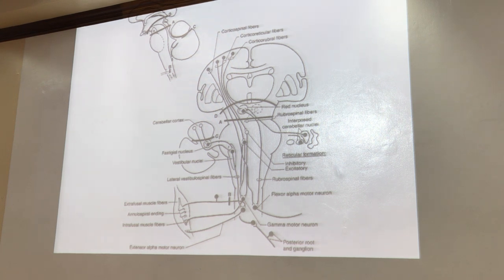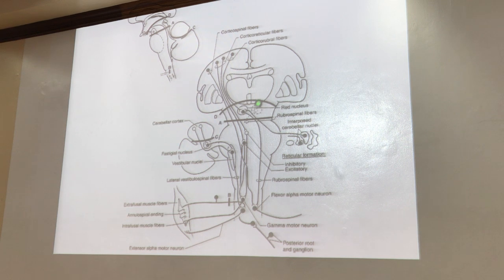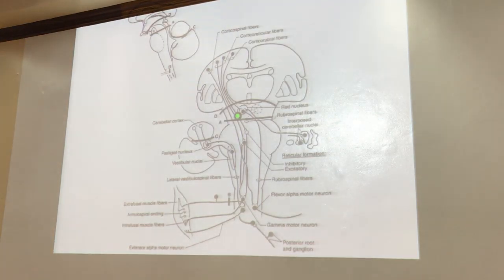They will have a response if the red nucleus is intact, because it's still connected to the muscles below. When you stimulate the foot, for instance, the muscles contract, the muscles of the lower extremities are still intact. And since the red nucleus is still intact, their position would be flexed and extended: the upper extremities flexed, the lower extremities extended.